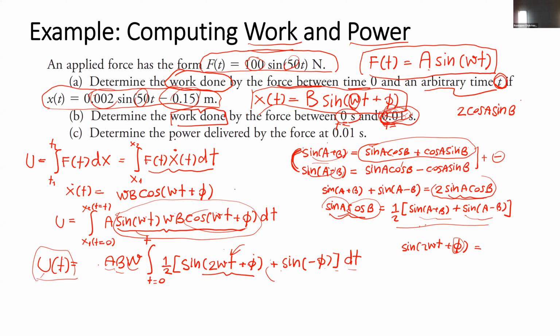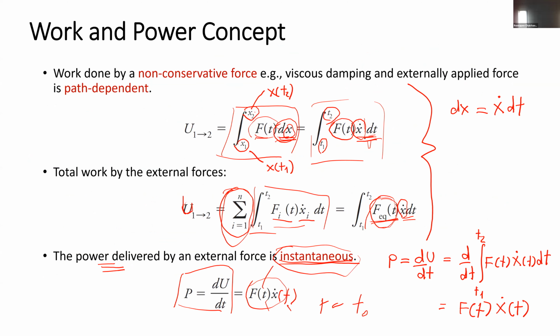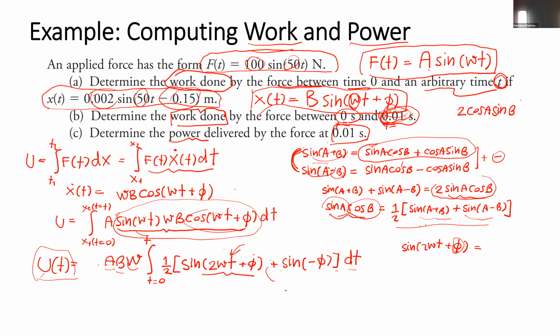How about the power? For the power at time t equal to 0.01, we don't need to do the integral if we want to find the mechanical power. We know that the power is the product of the force at that time multiplied by the velocity at that time. So the force is this function, and the velocity is this function.